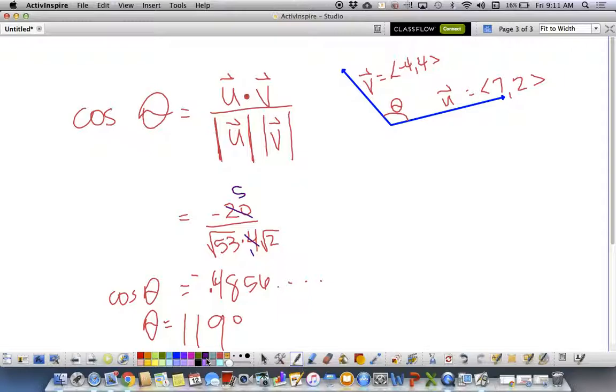It doesn't matter no matter what you put in your calculator. So really it would be negative 5 divided by the square root of 106. You got the exact same decimal number.